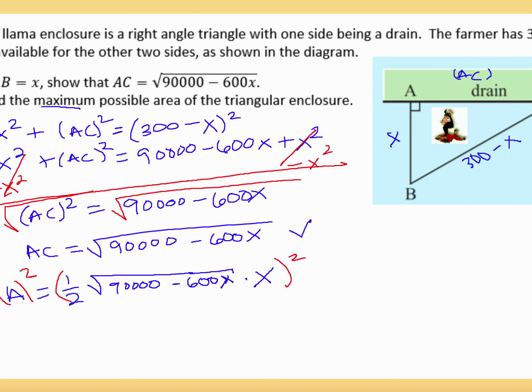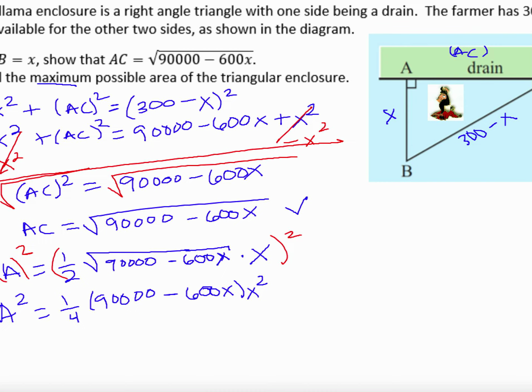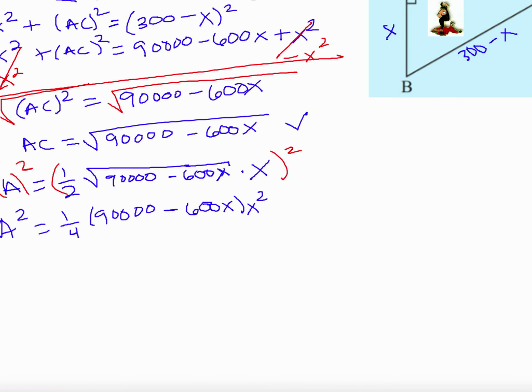So I'm going to get A squared, 1/2 squared is 1/4. A square root times this being squared, cancel each other out. And x is also being squared. If I distribute this all the way through, which I will, distributive property is awesome.